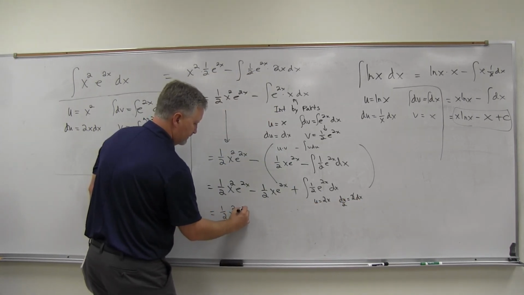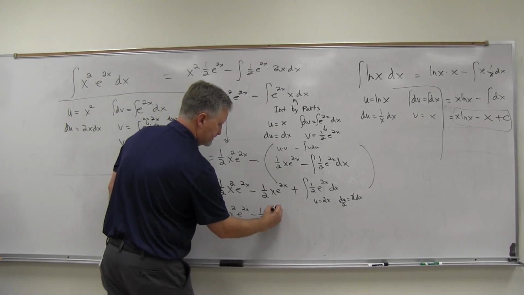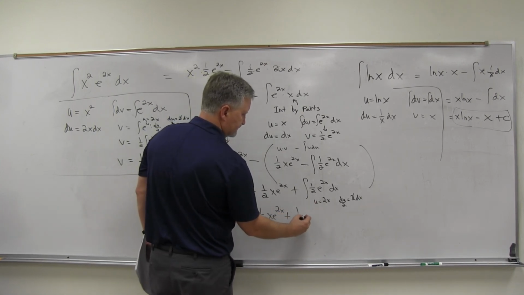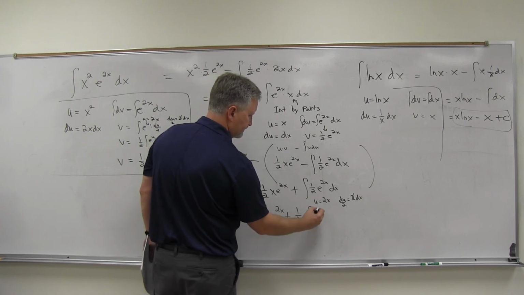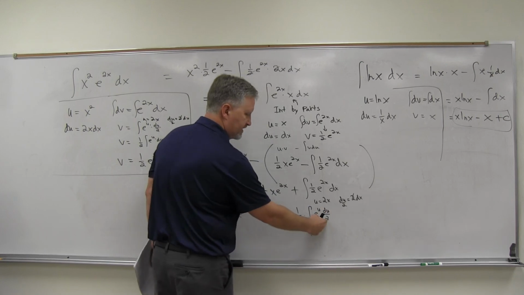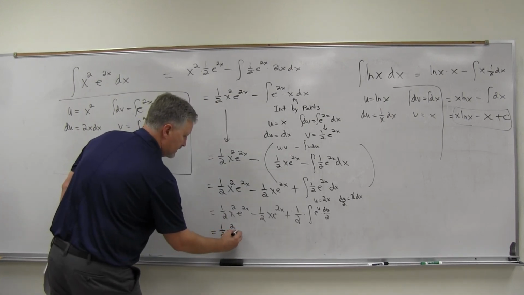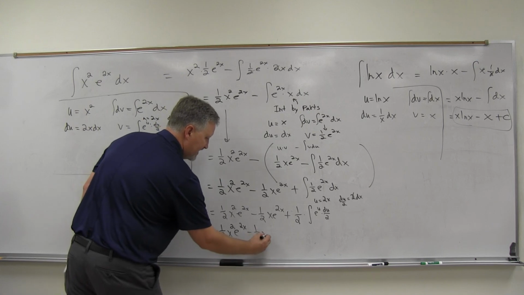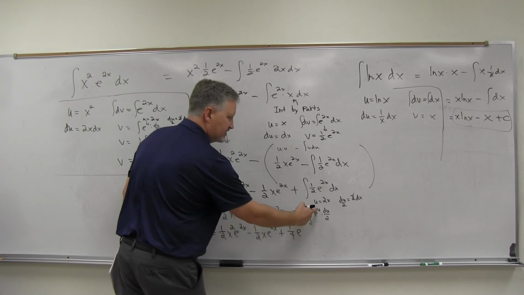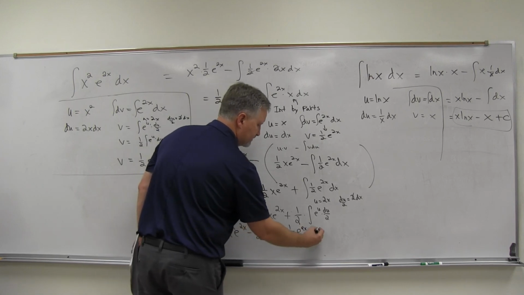You know what it's going to be probably. 1/2 x squared e to the 2x, minus 1/2 x e to the 2x, plus 1/2 times e to the u, and then du over 2. So it's just going to amount to another half on it. So we get 1/4. So it's 1/2 x squared e to the 2x minus 1/2 x e to the 2x plus 1/4 e to the u, but u is 2x, so it's 1/4 e to the 2x. Let's see.